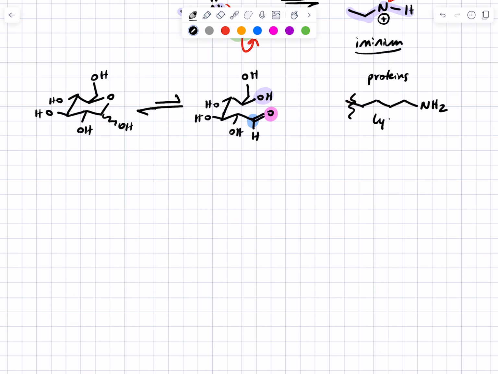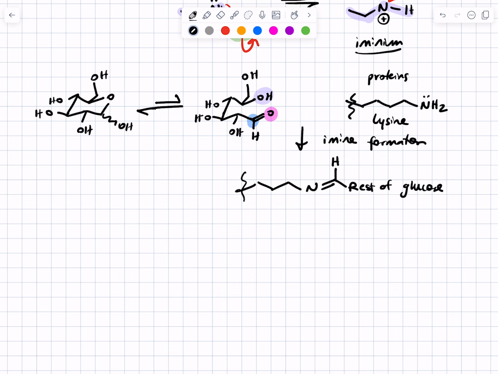This is the amino acid side chain lysine. It's a primary amine. And it will undergo, at elevated temperature in baking, imine formation, and you will get something like this, where the nitrogen of lysine is now forming an imine with the rest of glucose.